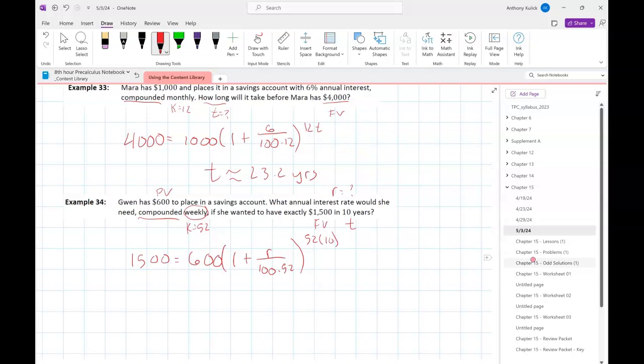Okay. All right. To solve this, how do you want to do it? You could solve it algebraically. Solving this algebraically, you don't use a logarithm, though, because look at where the variable's at. It's inside the parenthesis rather than in the exponent. What are we going to need to use to solve this one?